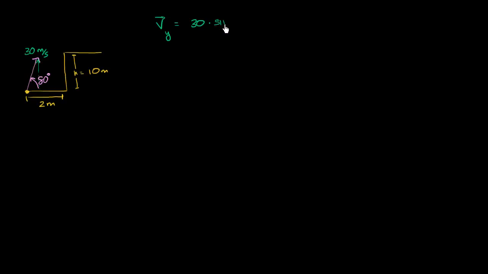And we'll just get it out of the way right now, the horizontal component of our velocity is going to be 30 meters per second, and I'm not writing the units here just to save some space, times the cosine of 80 degrees. Once again, cosine is adjacent over hypotenuse. And if you feel like I'm skipping steps, in the last few videos I go into this in much more detail.